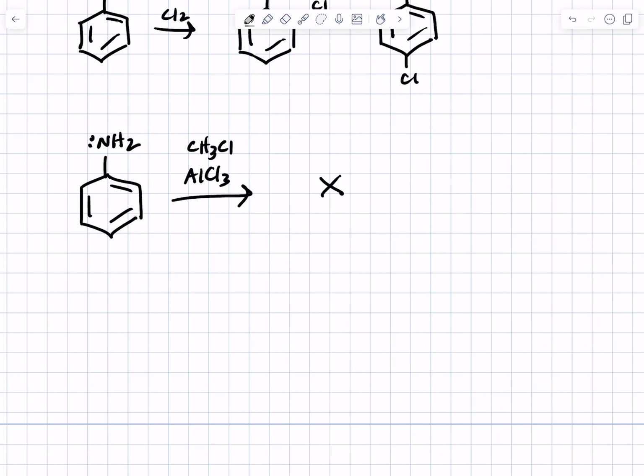And the problem here is that the Friedel-Crafts catalyst is a Lewis acid, and the aniline is a pretty strong Lewis base. And remember, for the reaction to happen, the Lewis acid catalyst needs to react with the lone pairs on the chloro, but the lone pairs on the nitrogen are more reactive.